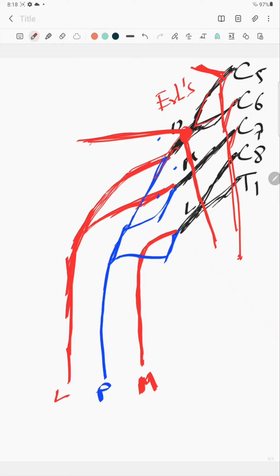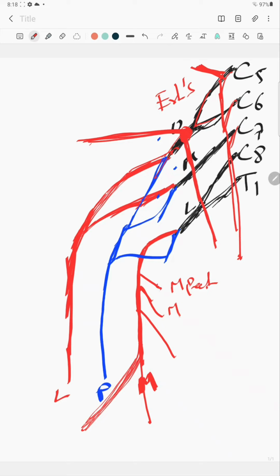So these are the branches from the roots and the trunks. The middle and lower trunks do not give any branches. Now the branches from the cords of the brachial plexus. The medial cord gives the medial pectoral nerve, medial cutaneous nerve of arm, medial cutaneous nerve of forearm, ulnar nerve, and medial root of the median nerve.